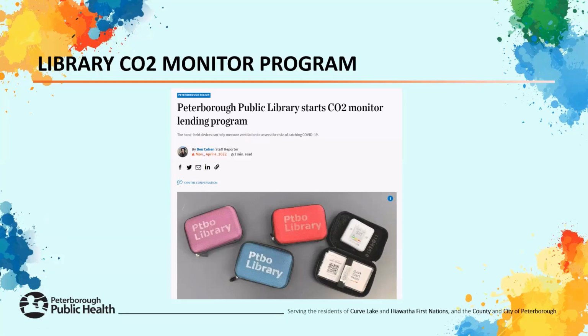A little over a year ago now, we collaborated with the Peterborough Public Library, and we started a CO2 monitor lending program, which I think is great because these monitors can be a little bit expensive and probably not accessible to everyone.